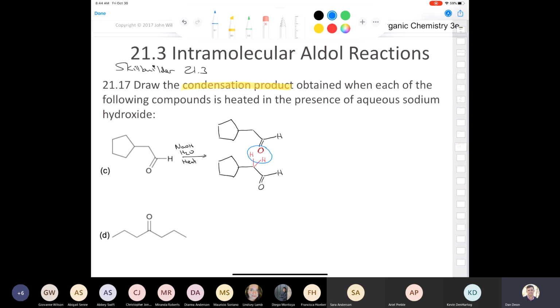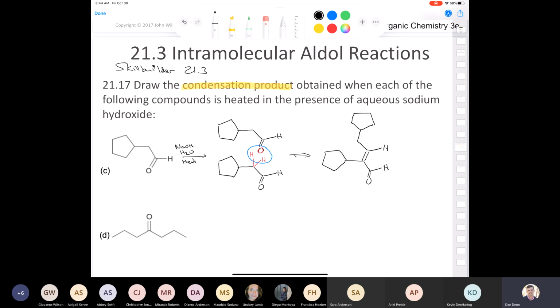And so when you draw the product, you redraw your starting aldehyde like that, 5-membered ring. Where all this spinach is, you put a double bond, and that's it. You draw the rest of the aldehyde. I'll just put it off to the side like this, in the interest of room.